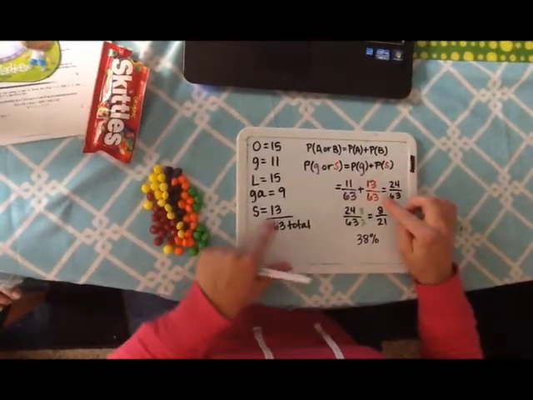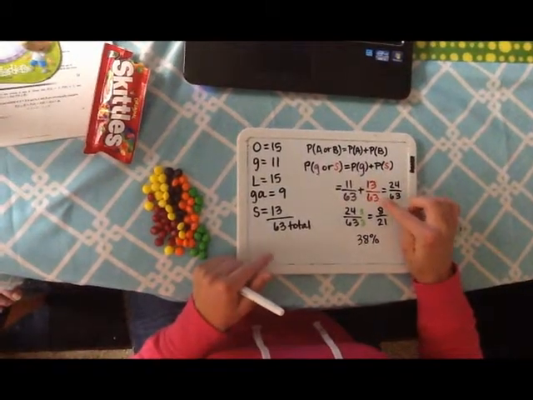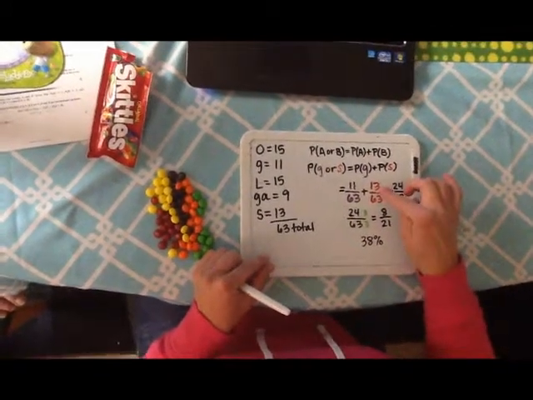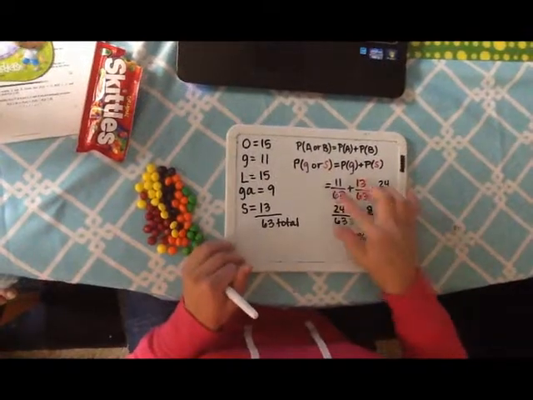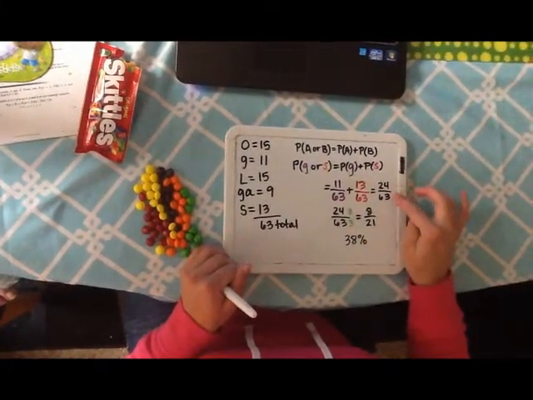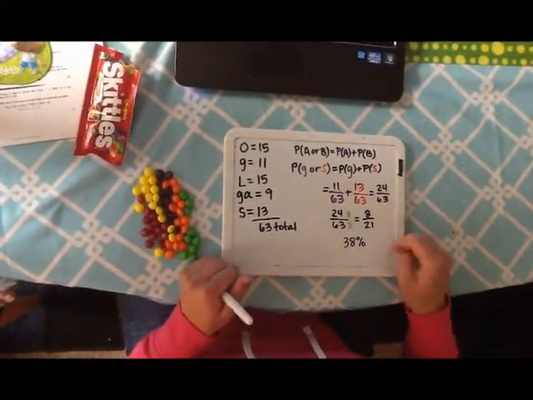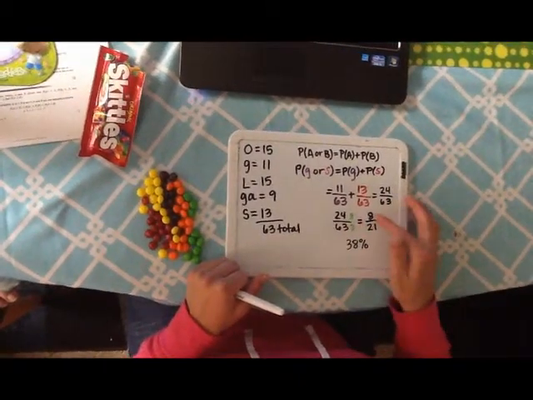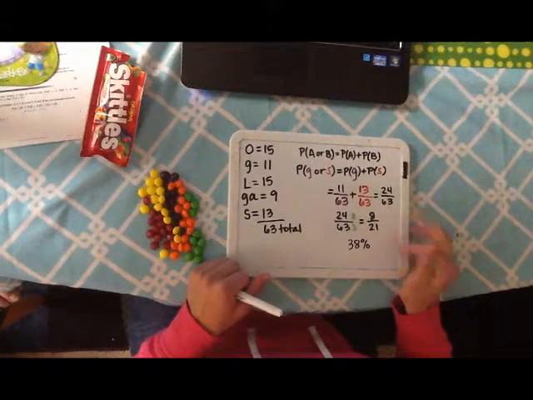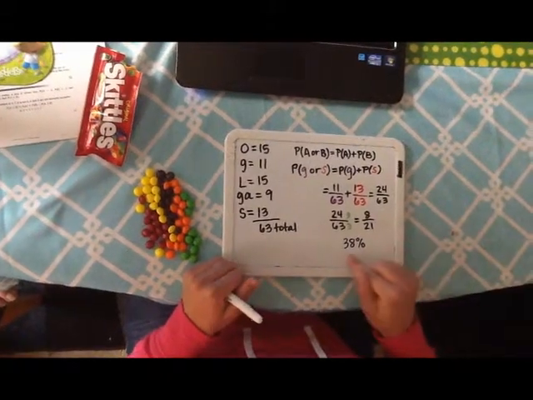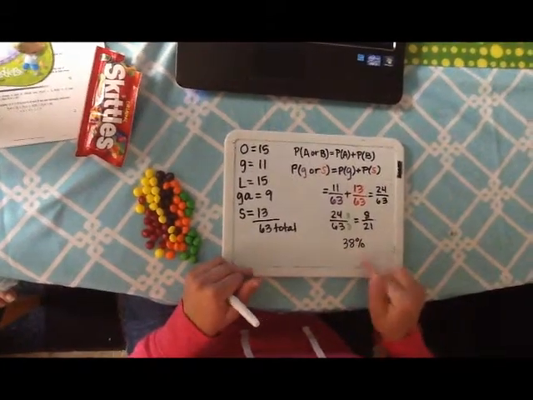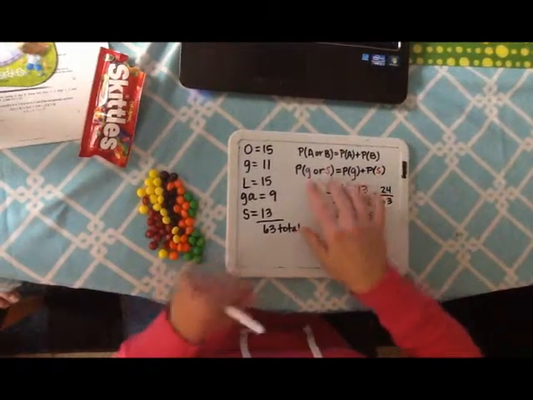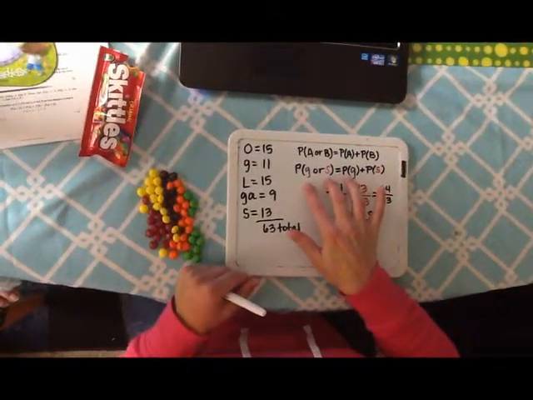And because there's 13 strawberry, we put 13 over 63. Now we add, which gives 24 over 63. Because we can reduce, we reduce both by 3 and get 8 over 21. So you have a 38% chance of pulling out a grape or a strawberry.